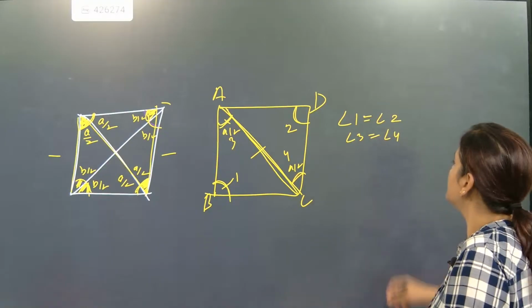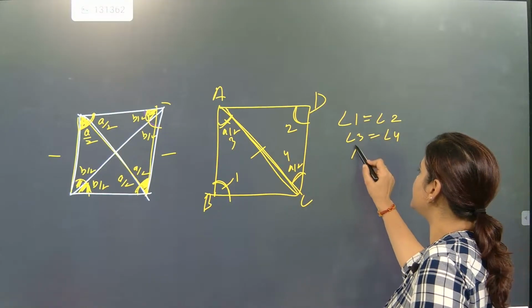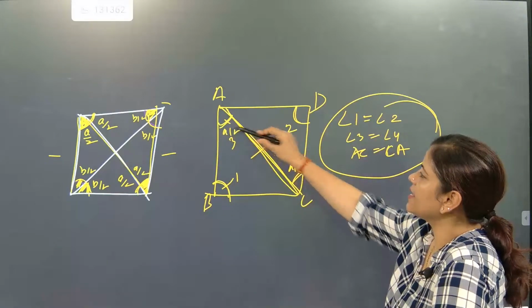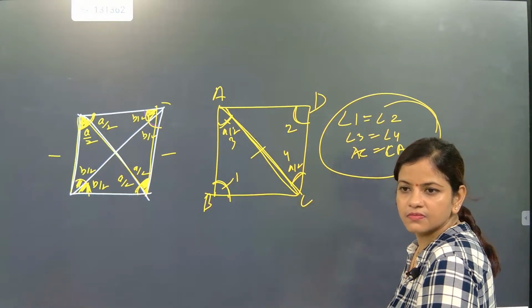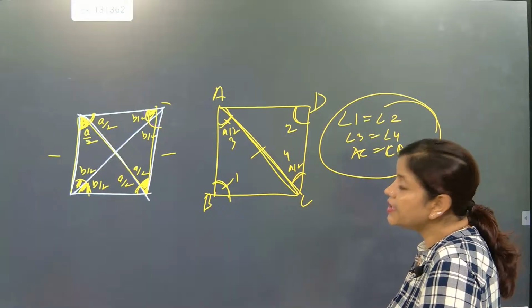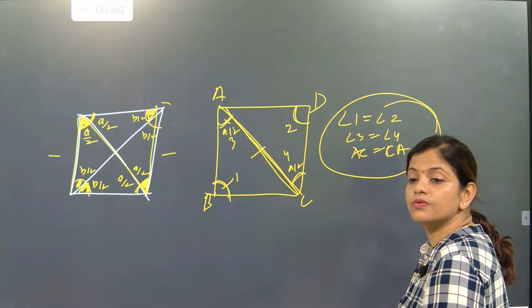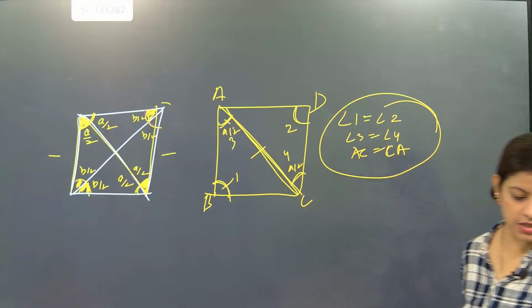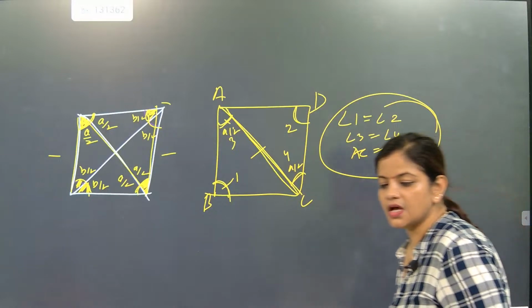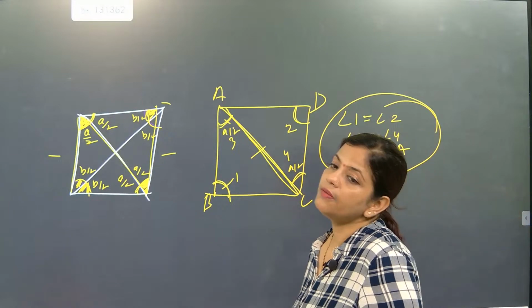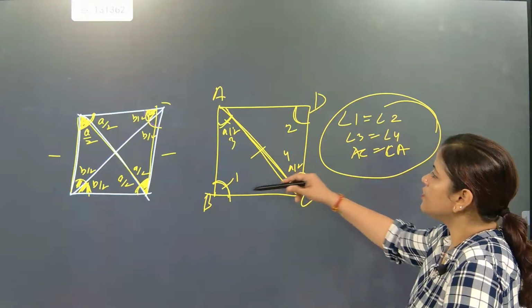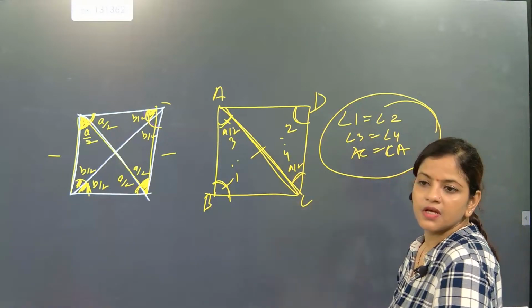Now AC is equal to CA, so by angle-side these two triangles will become congruent. But what they wanted you to prove is that it is a parallelogram. Yes, absolutely it is going to be a parallelogram. How? By congruency, these two triangles will become congruent.